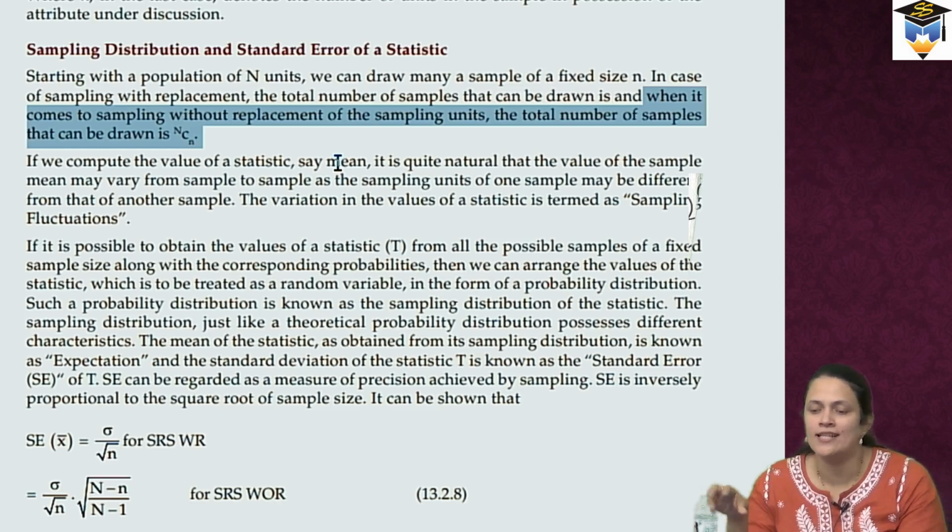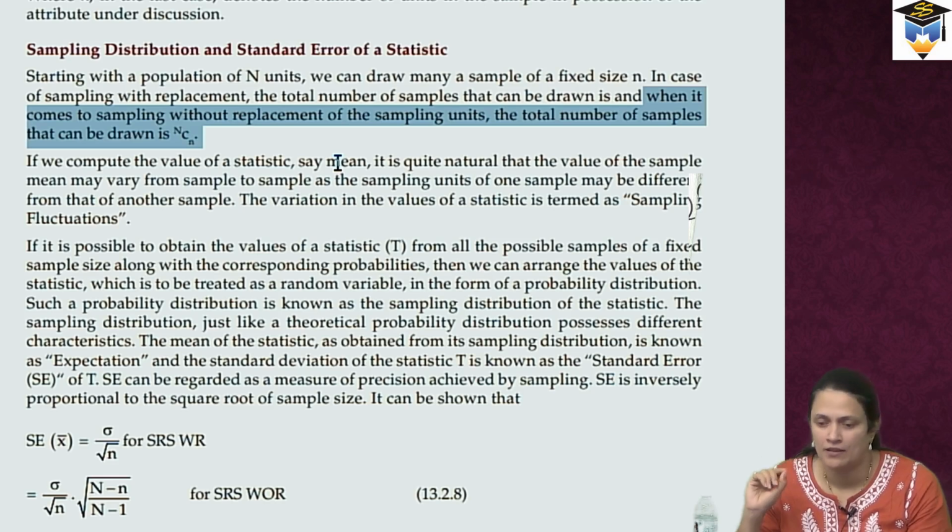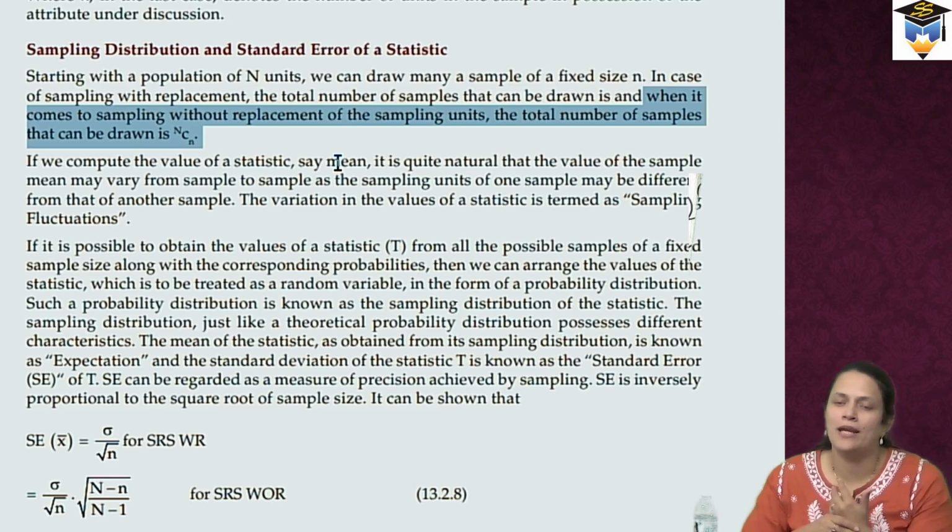So write down, if we compute the value of a statistic, say mean, then the value of the sample mean may vary from sample to sample, as the sampling units of one sample may be different from another one.